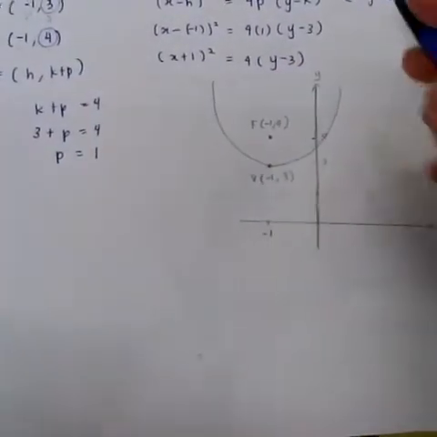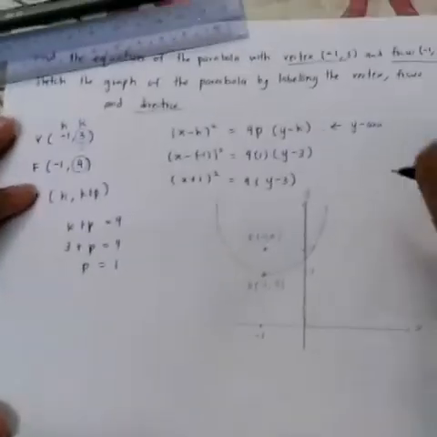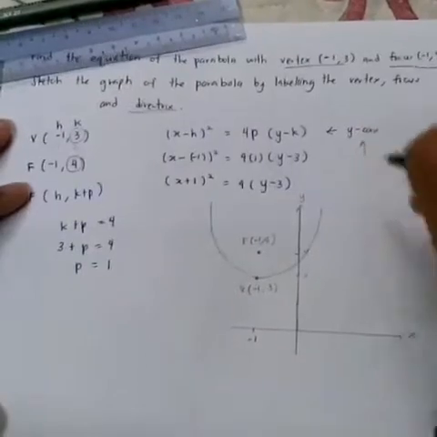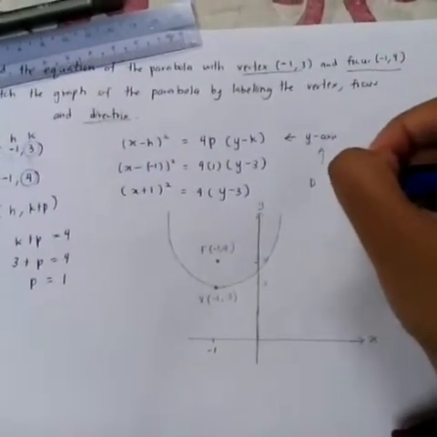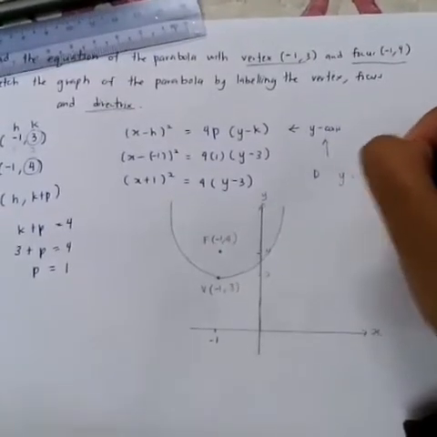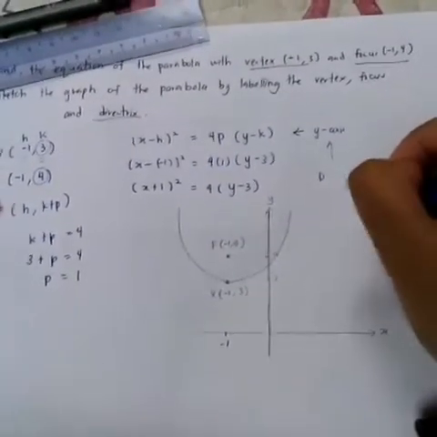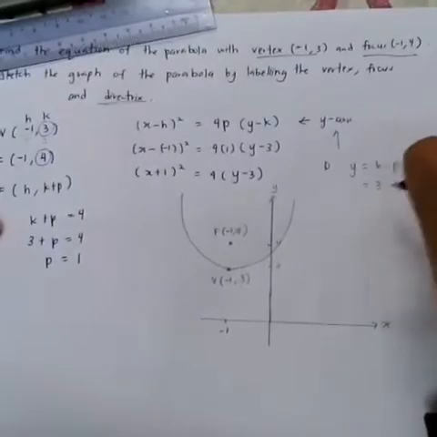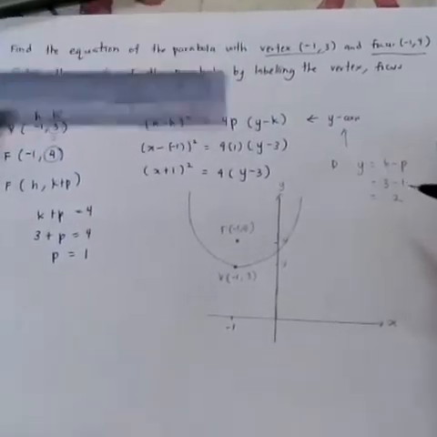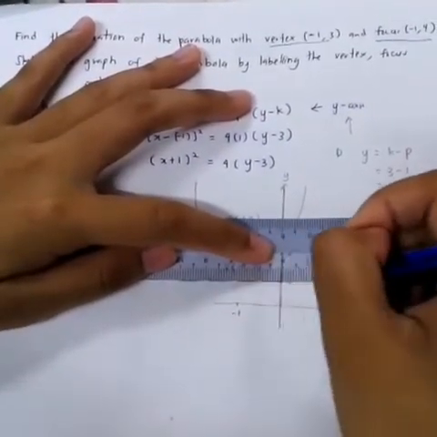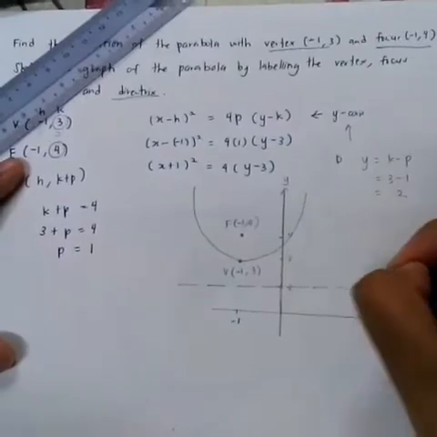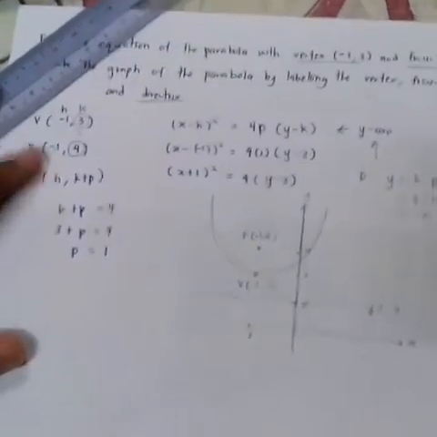Next, to find the directrix, the formula for the directrix for the y-axis is y equals k minus p. Just substitute the values: 3 minus 1 equals 2. So 2 is here, a dotted line, y equals 2. Finish.